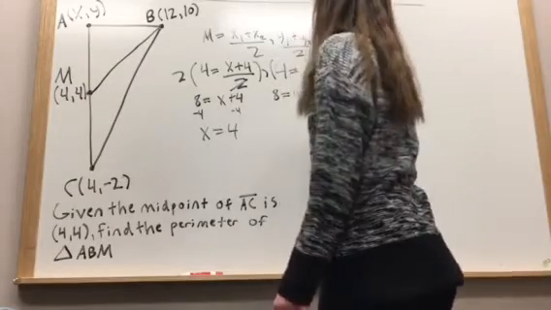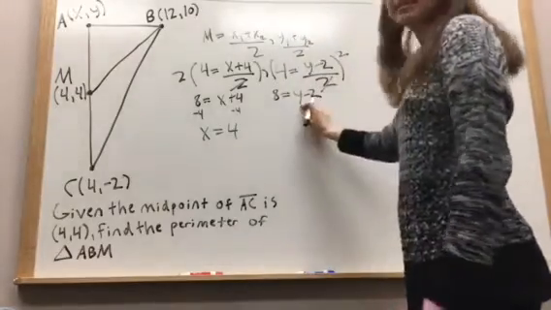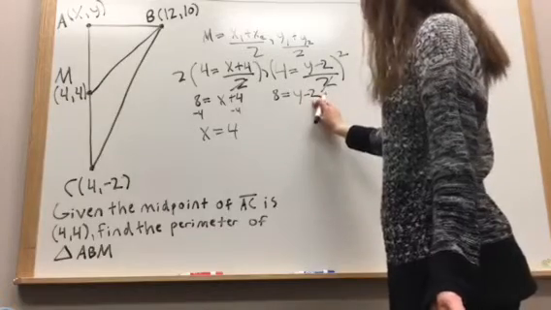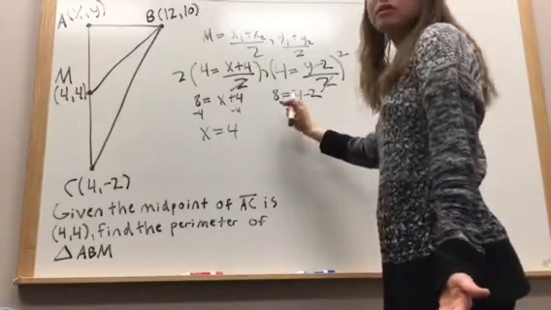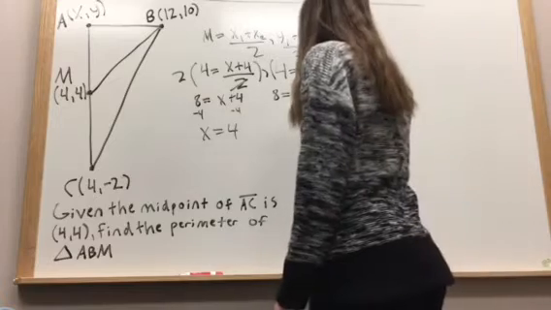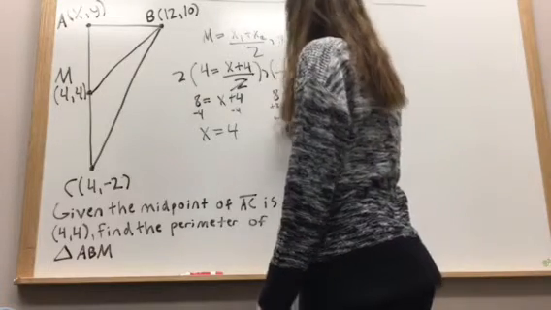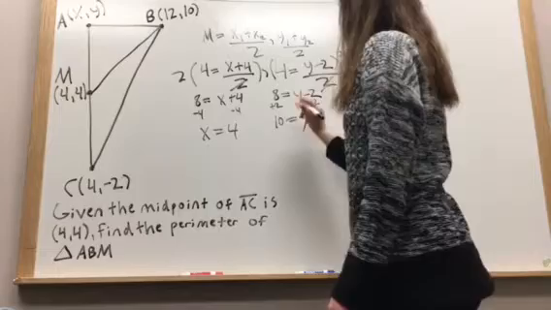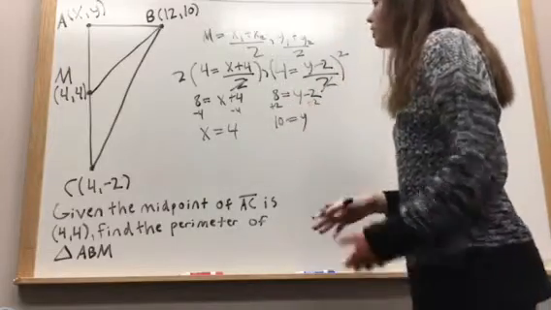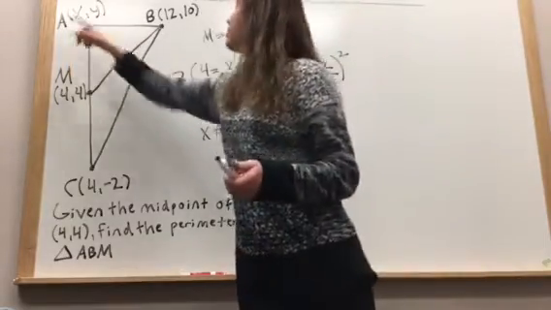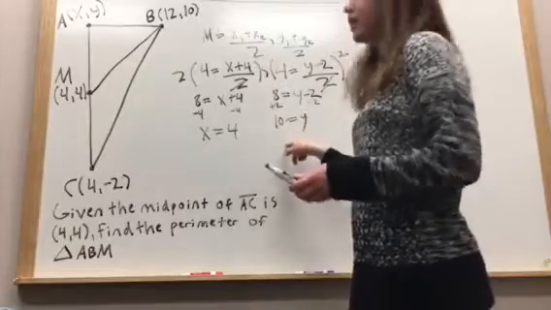I want to isolate my y again. I had this minus 2, so I'm going to add it over to the left side. So plus 2, plus 2. 8 plus 2 is 10. So the coordinate for my A will be 4 comma 10.